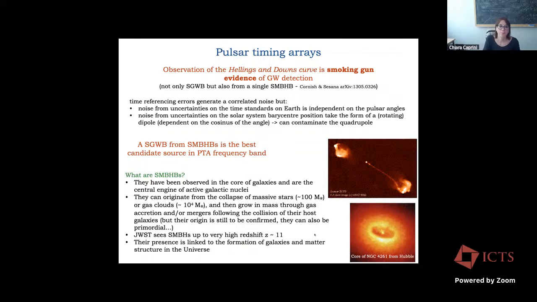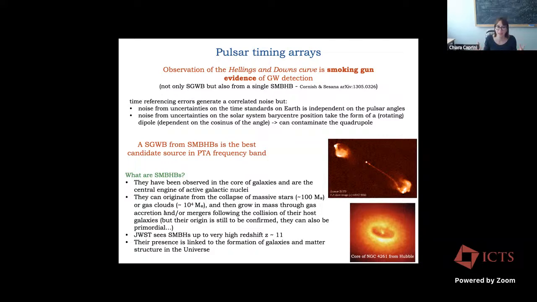A supermassive black hole can originate from the collapse of a massive star, or from the collapse of a gas cloud at the very beginning of the dark ages after recombination in the universe.